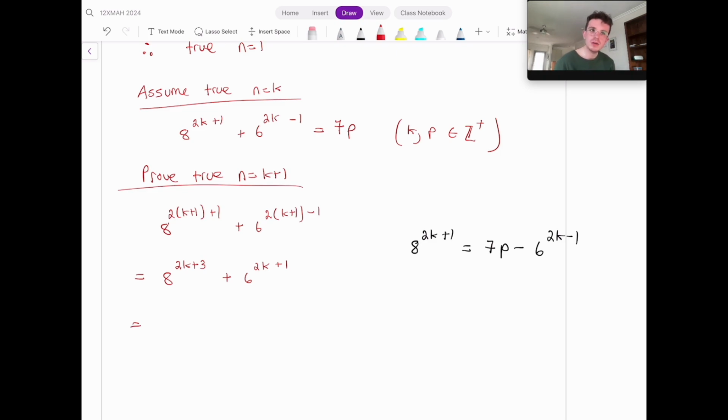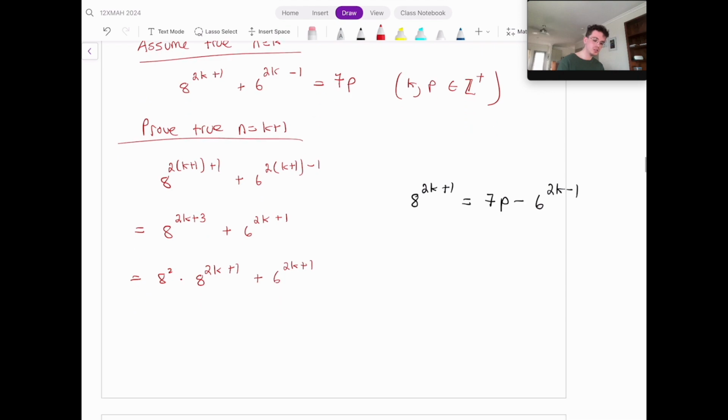Now we've got a problem because we don't have 8 to the power of 2k plus 1 anywhere, but we could say that this is equal to 8 squared times 8 to the 2k plus 1 plus 6 to the 2k plus 1. So we've just used our index laws to simplify that, and we're just simply going to substitute our inductive hypothesis into that.